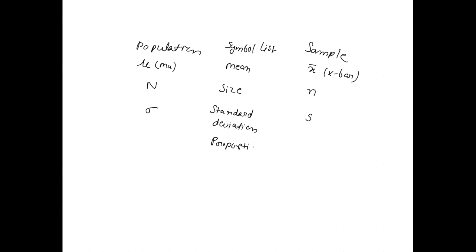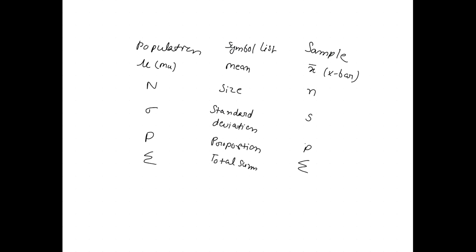This is capital P for population, and this is small p if you are using a sample. And you have the summation too, that is the total sum. You denote it with this sign, summation. This is the same for both. This is the symbol list.